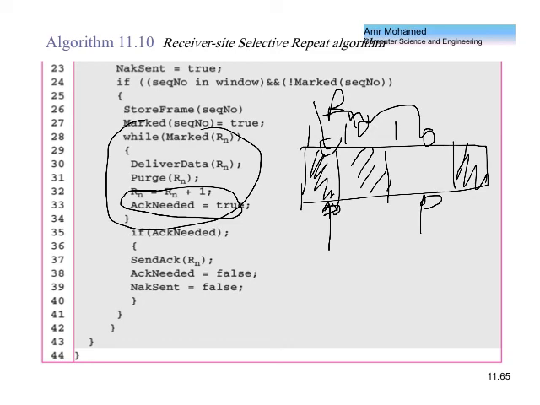So I set the flag to true, which indicates that if this flag is true, then I need to send one accumulative acknowledgement for all the frames that I received successfully.